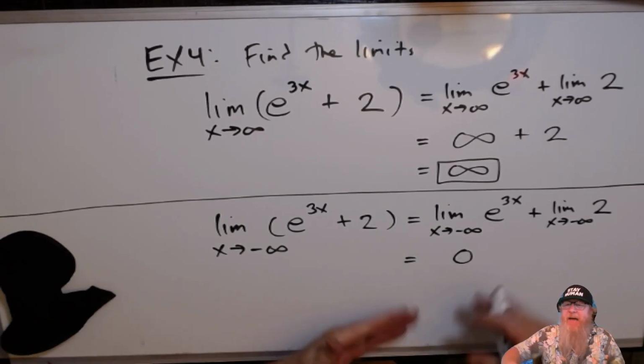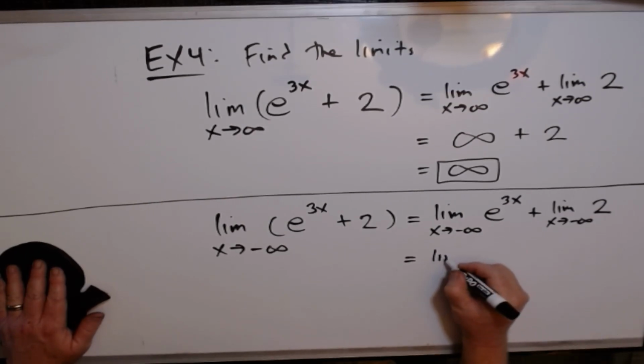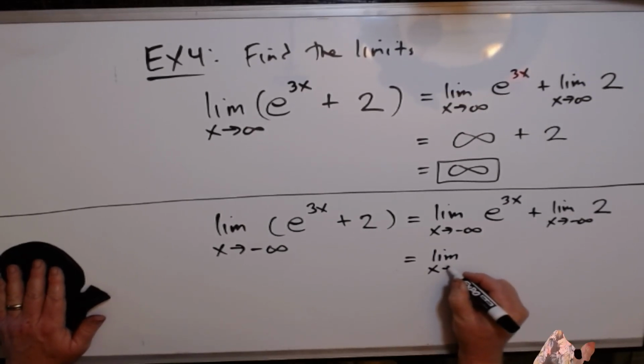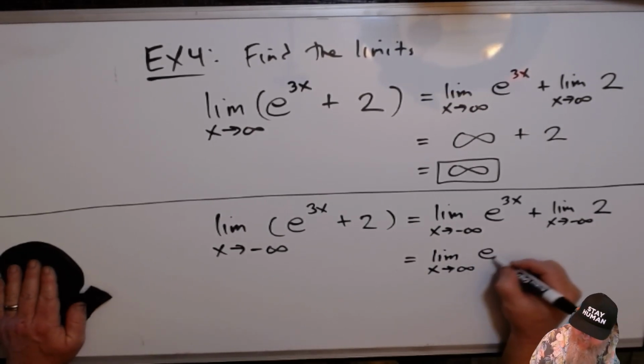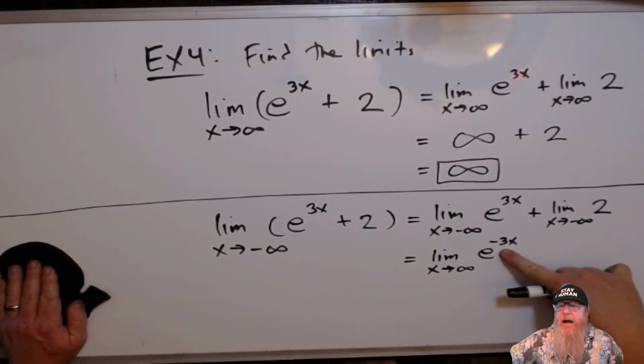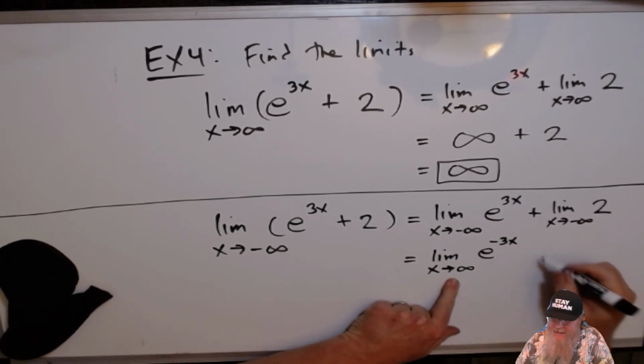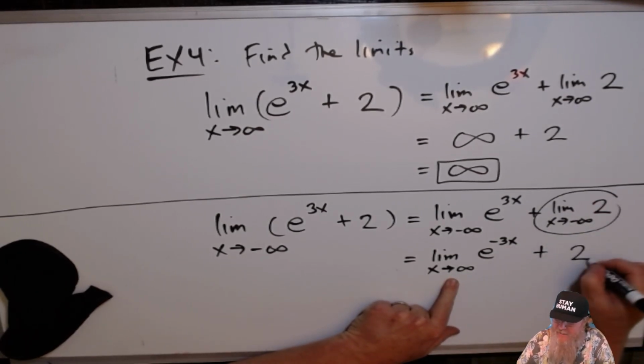But I have a little bit of space here, so I'll show you. You can do the switch. You can change the k into a negative power. But now the x is going to infinity. You don't ever have to worry about the constant.